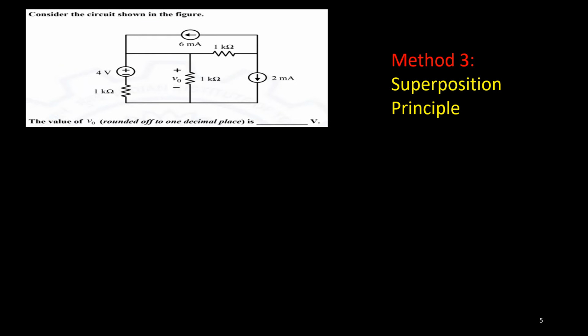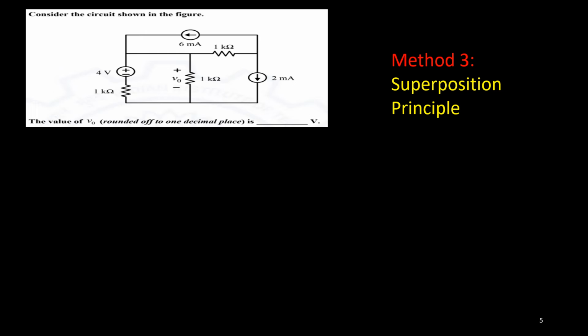Again, now we can consider the superposition principle. Now, as we have more than one source, we can apply the superposition theorem, and that may simplify the circuit as well. Okay, and you know the method. In the superposition theorem, you have to consider one source at a time and keep all other sources inactive. Okay, means voltage source short circuit and current source open circuit.